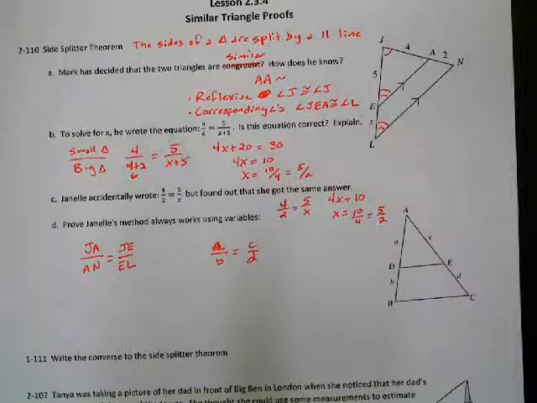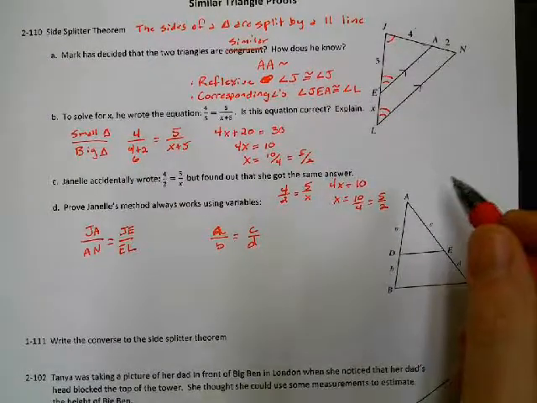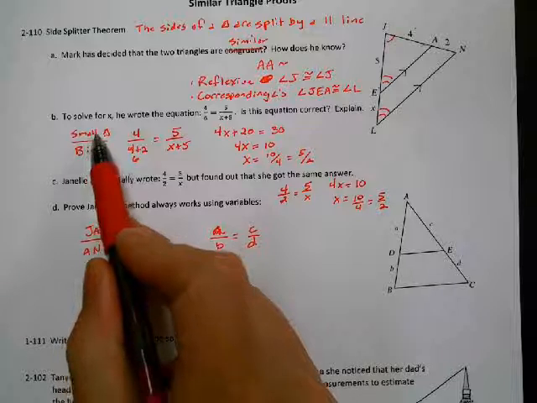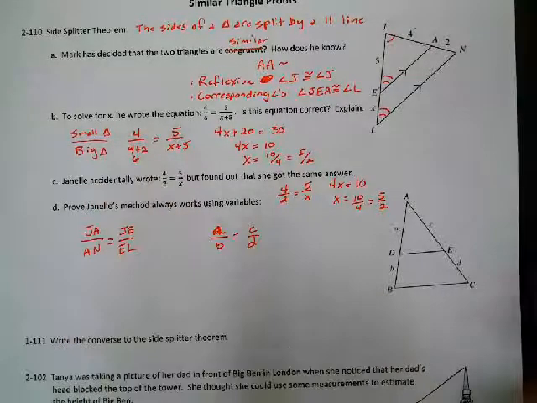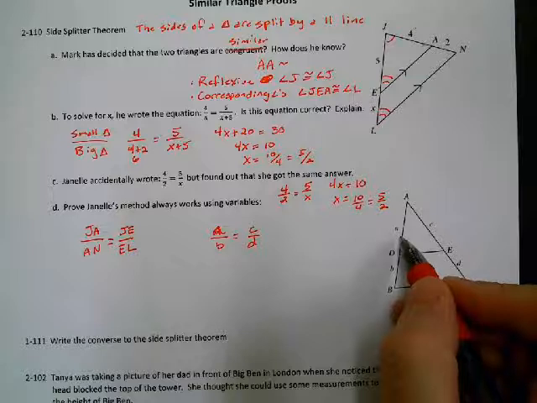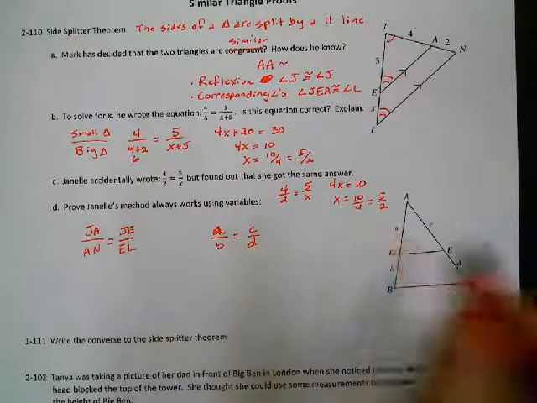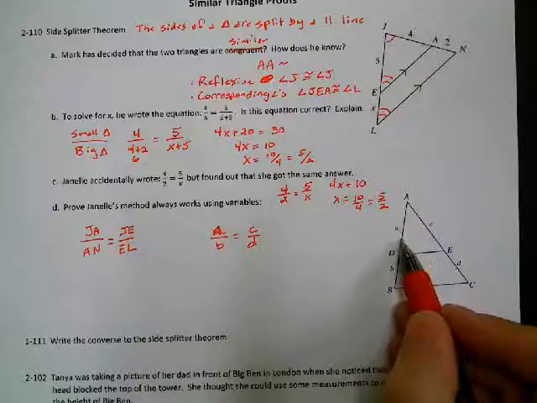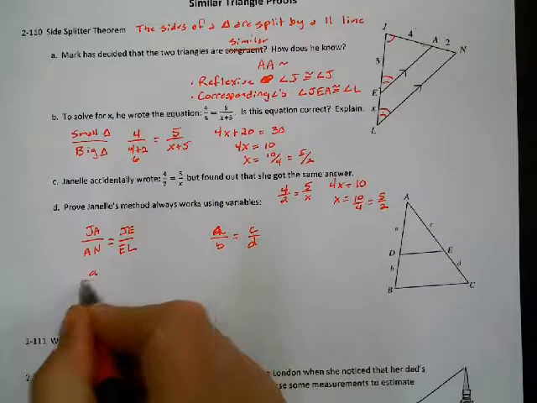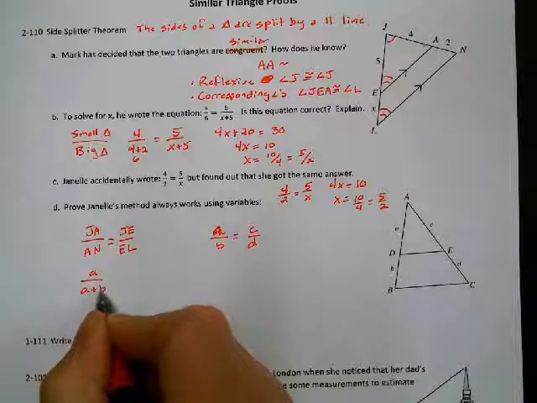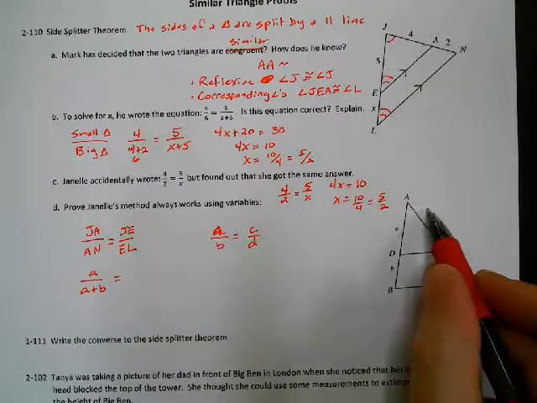In order to do this, I'm going to go back to what I was doing over here, comparing big over small, or small over big. Rough day today. If I do small over big, A corresponds to A plus B, so A over A plus B. And then C would correspond to C plus D.